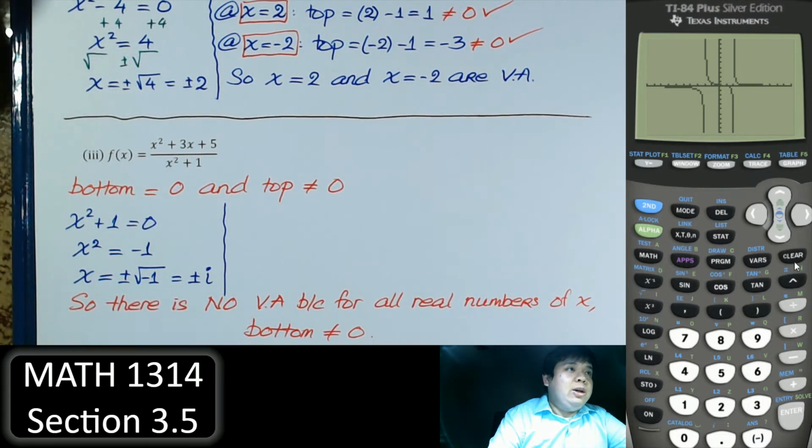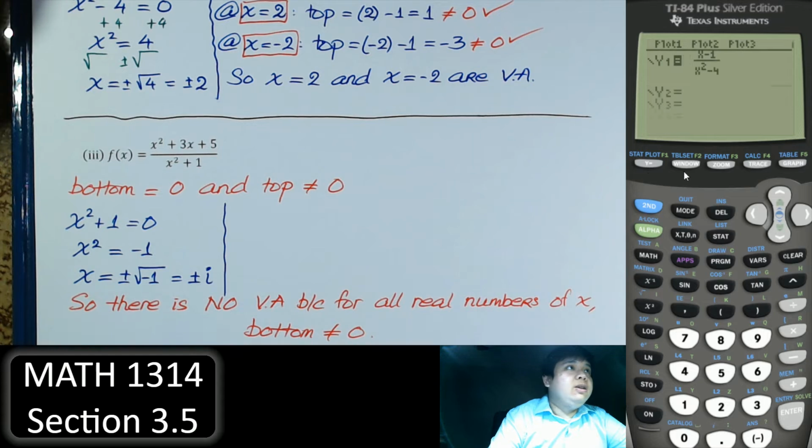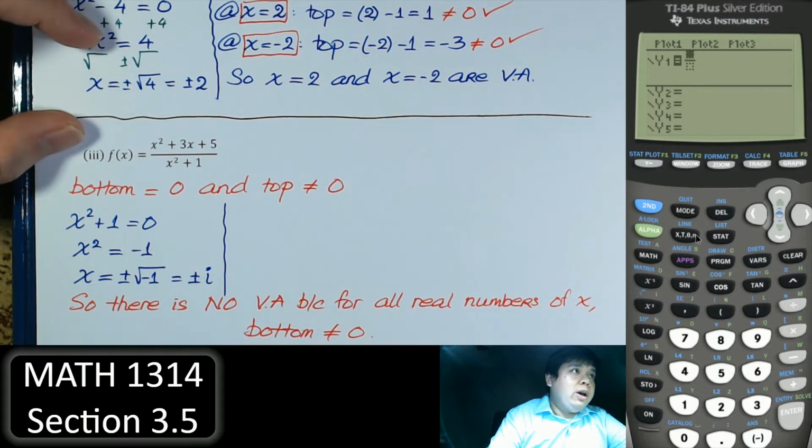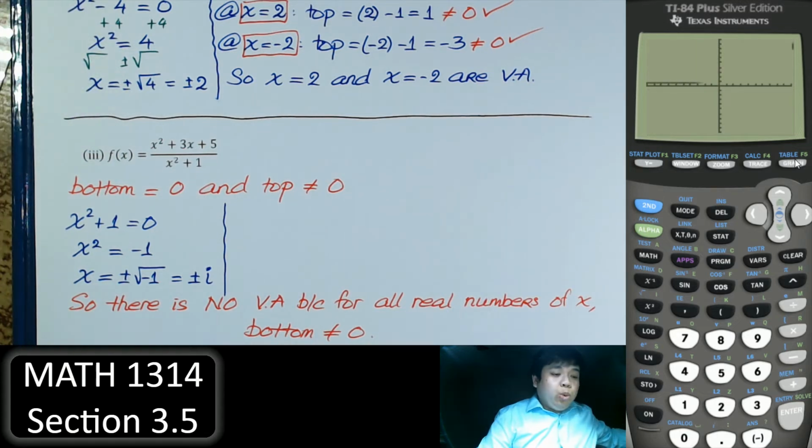So in this case, if we look at the graph, x squared plus 3x plus 5 over x squared plus 1, we see we will not have a vertical asymptote in this case.